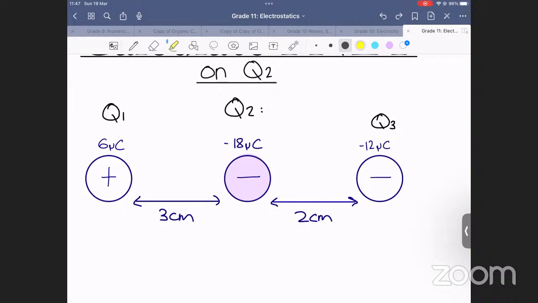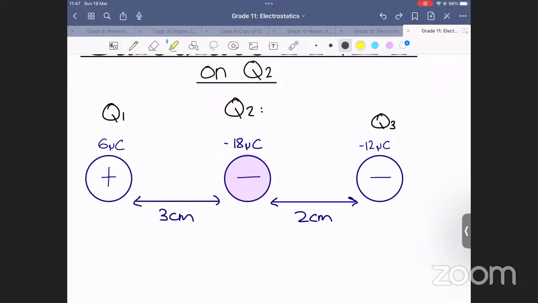In which direction is the force that Q1 exerts onto Q2? To the right, right? To the right. Okay, everyone is so beautifully incorrect.